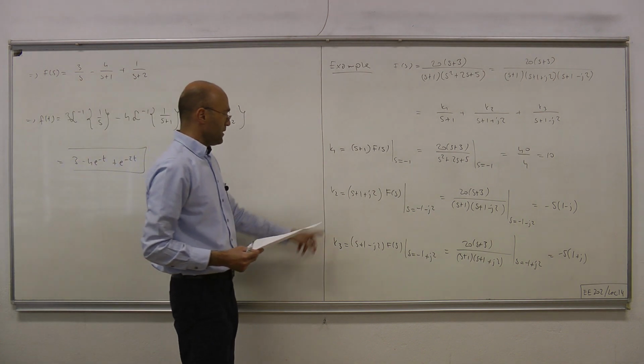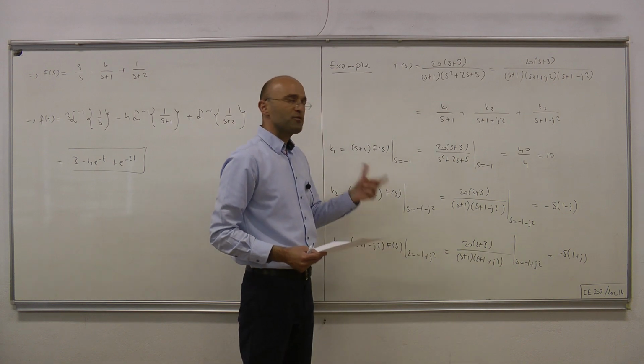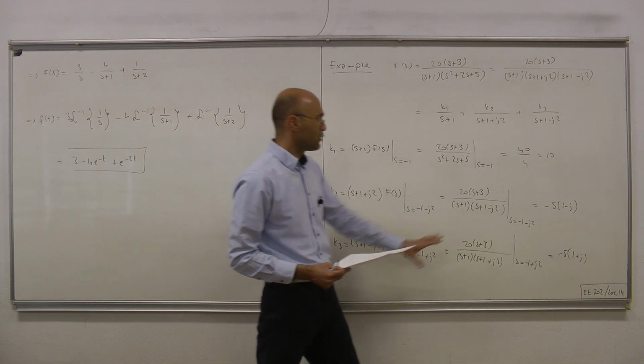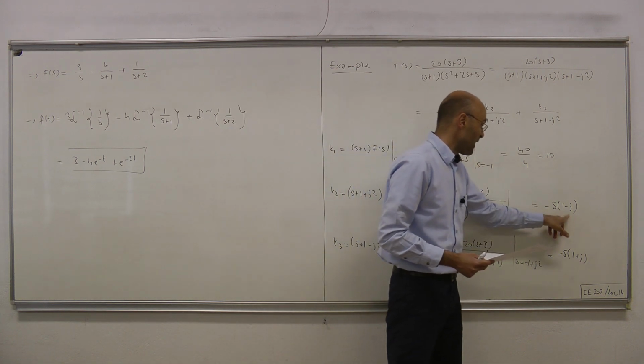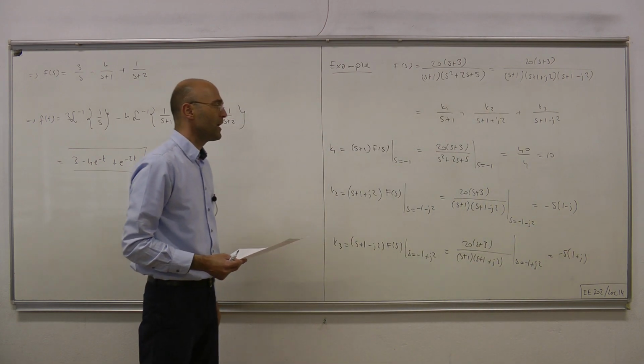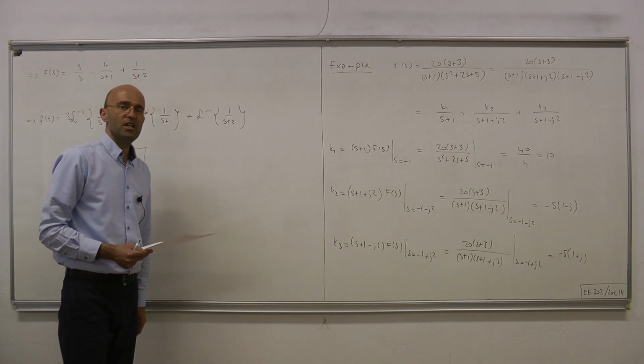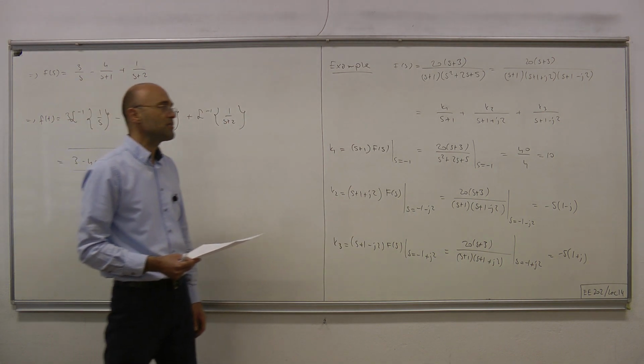Now, note that k2 and k3 satisfy an important relation. They look very similar to one another, except that here we have minus j, here we have plus j. That means k2 and k3 are complex conjugates of each other. That's not a coincidence.